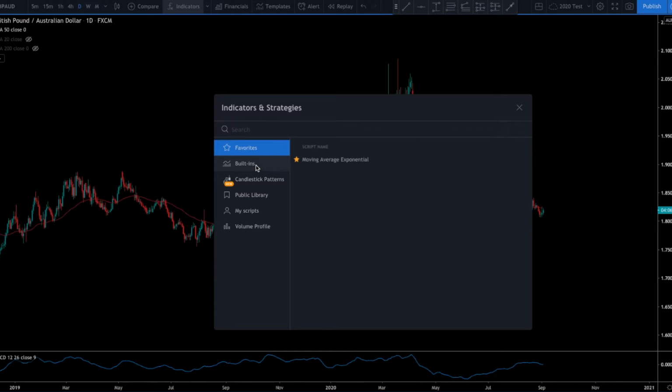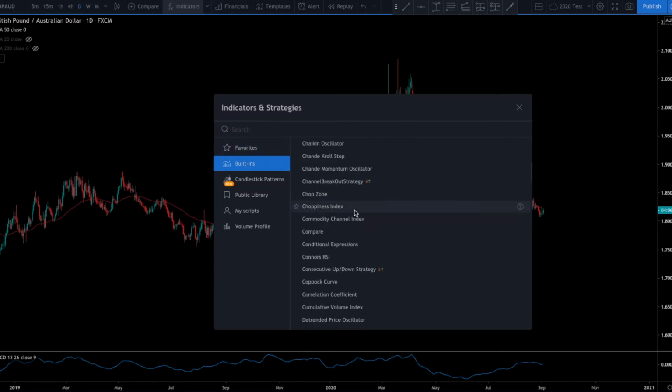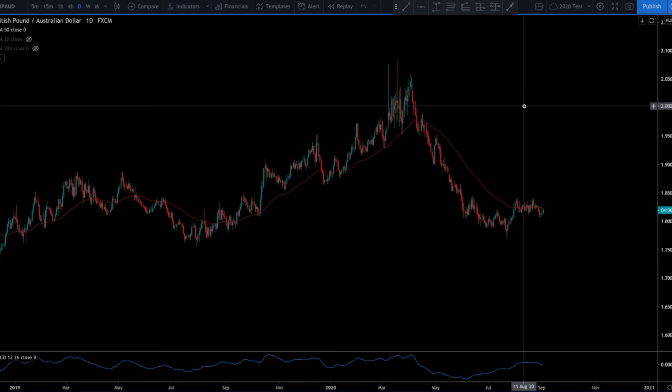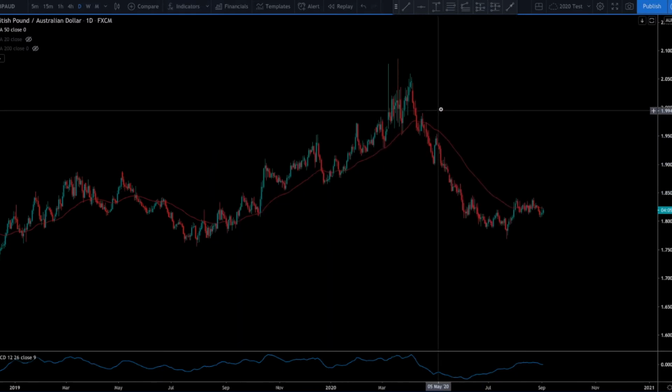A lot of times, the exponential moving average is one of the most popular ones. On TradingView, it's called moving average exponential. So this one's the 50 EMA.